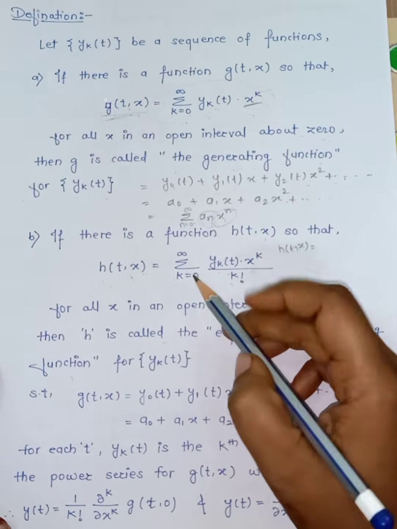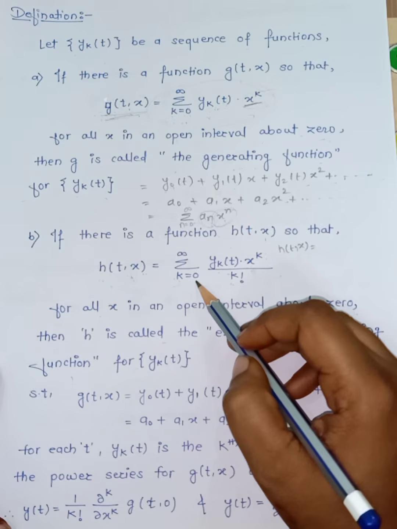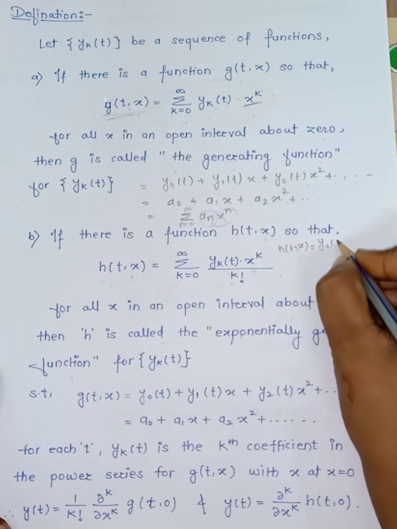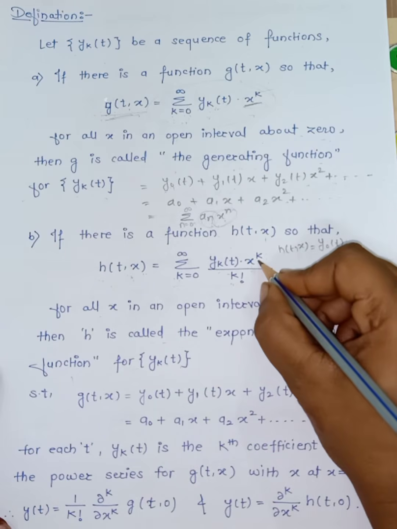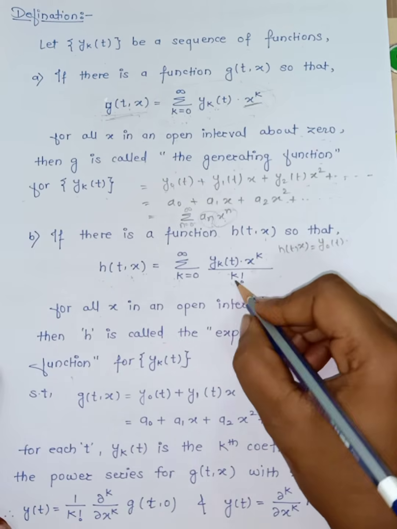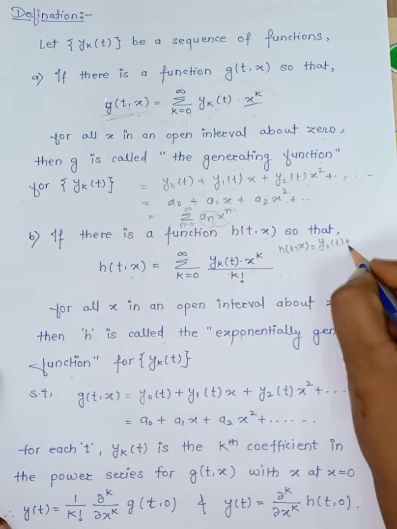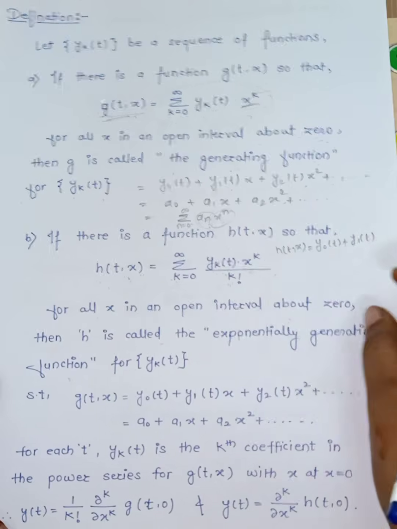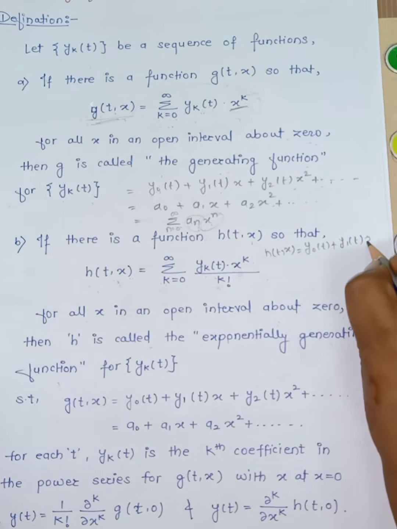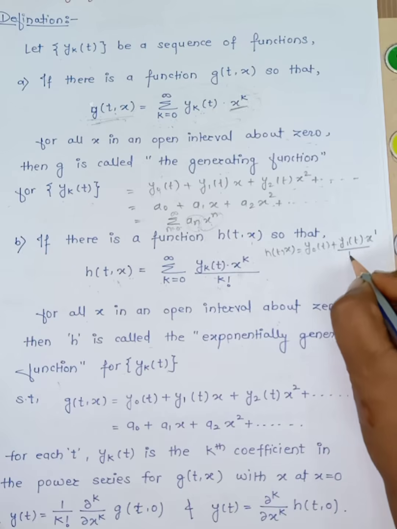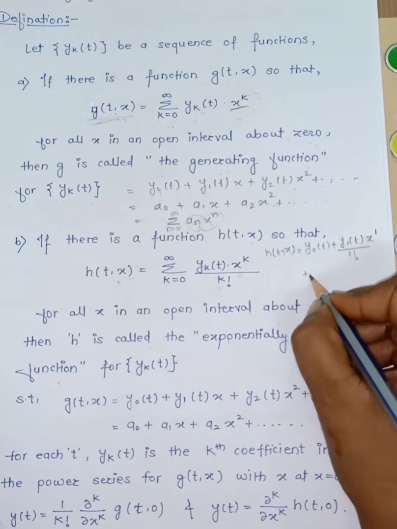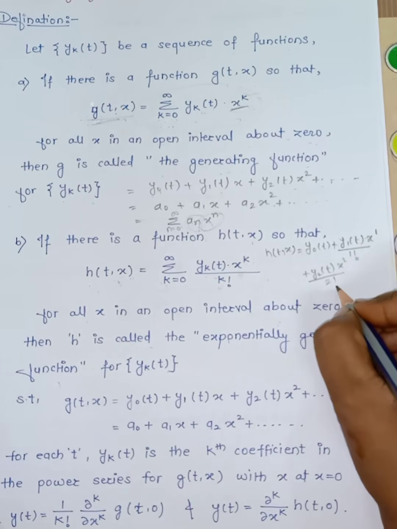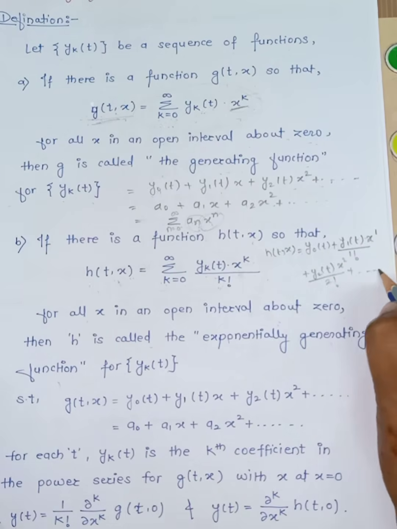h of t x equals, we are putting k equals 0 to infinity. So for 0 it will be y0 of t into x to the power 0, that is 1, upon 0 factorial, plus y1 of t into x to the power 1 upon 1 factorial, then plus y2 of t x square by 2 factorial, and so on.